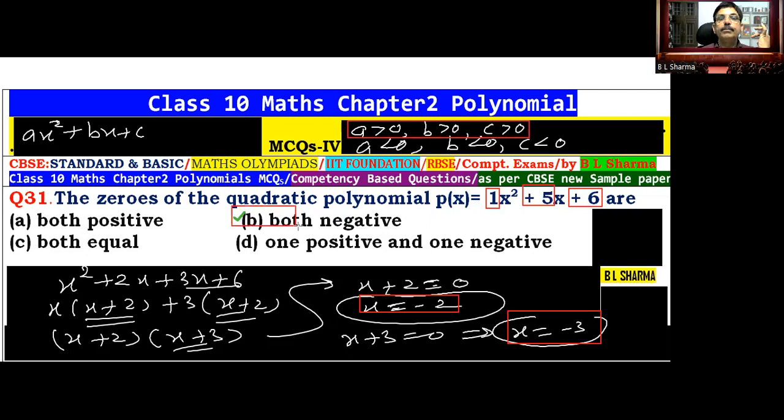That is why both the zeros will be of negative sign. Very, very important and very simple concept. Without solving, without finding the zeros, you can give the answer directly. In the exam, when multiple choice questions come, you should give the answer directly. So I think this is very much clear to you.